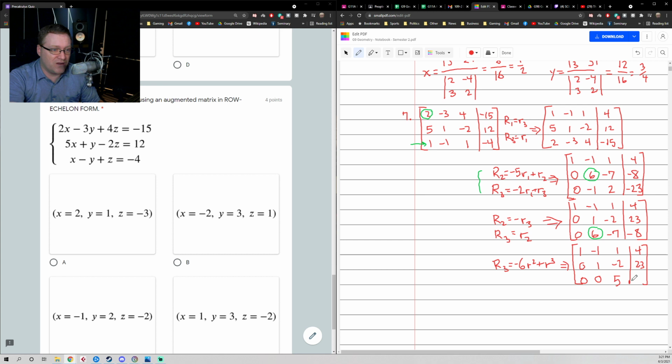So it's going to be negative 100 and... I'm confused. Hold on. 0, 0, 5. Negative 6 times 23 plus negative 8. Is this supposed to be negative? Yeah. Negative 8.